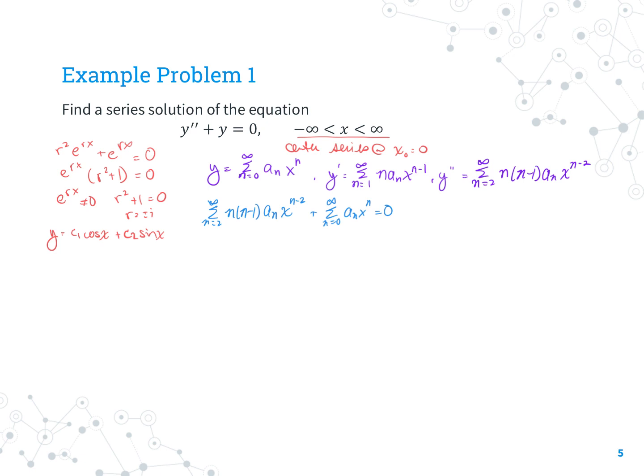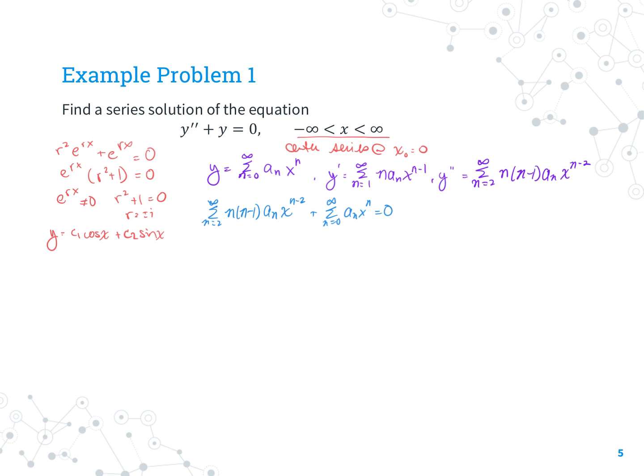Well, now we want to try to combine everything, but we have a problem because this x has a power of n minus 2, and this x has a power of n. Our goal is to get each part of our equation to be a series that has some coefficient or combination of coefficients times x to the n power.